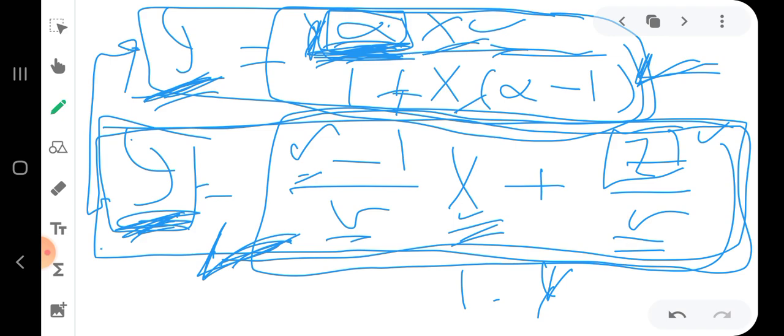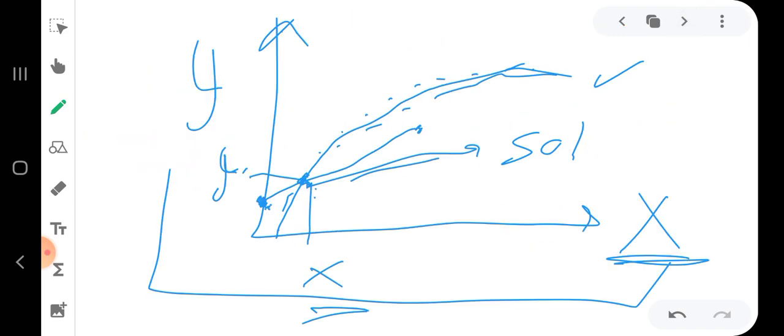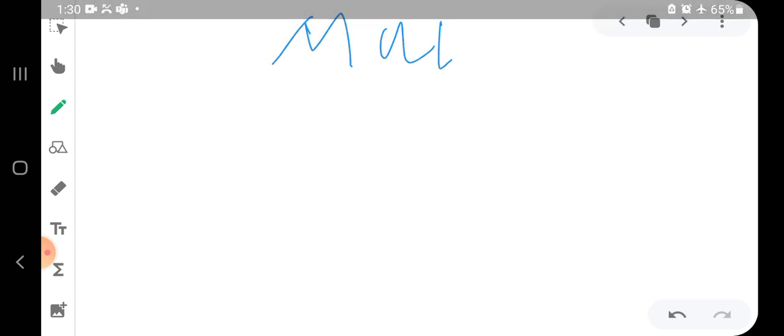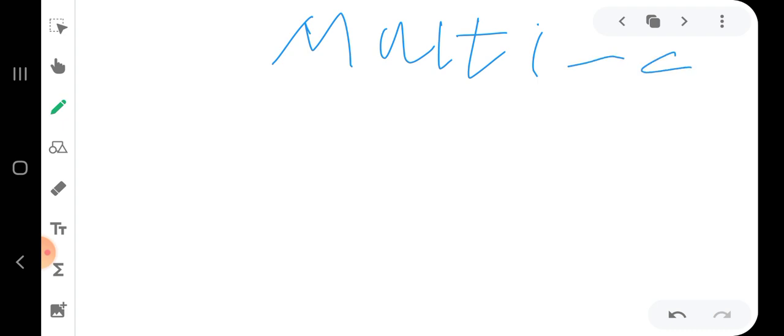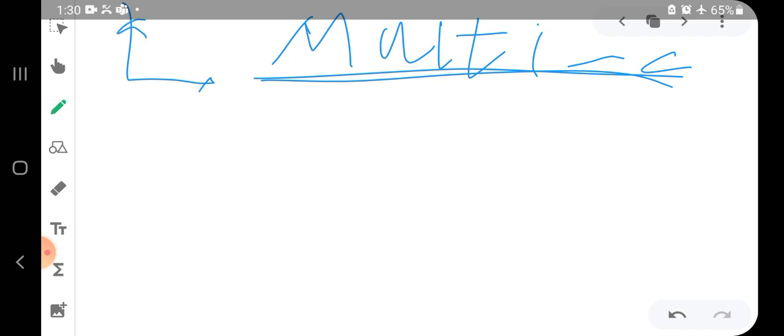Now, the second case: I have a multi-component system. When you have a multi-component system, keep in mind that you cannot use the graphical solution. Why? Because a graphical solution is only for two axes.